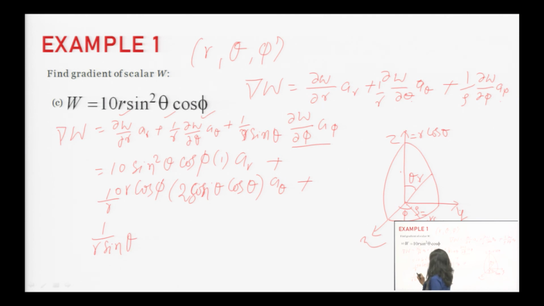After that we will write 10 r sin square theta, and the differentiation of cos phi will be minus sin phi. Now we can cancel this sin theta with this square, and here the unit vector a phi will appear.